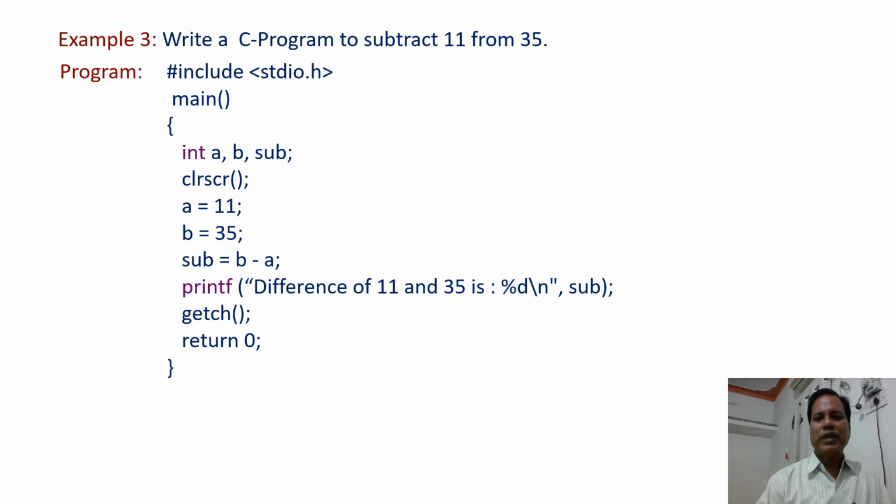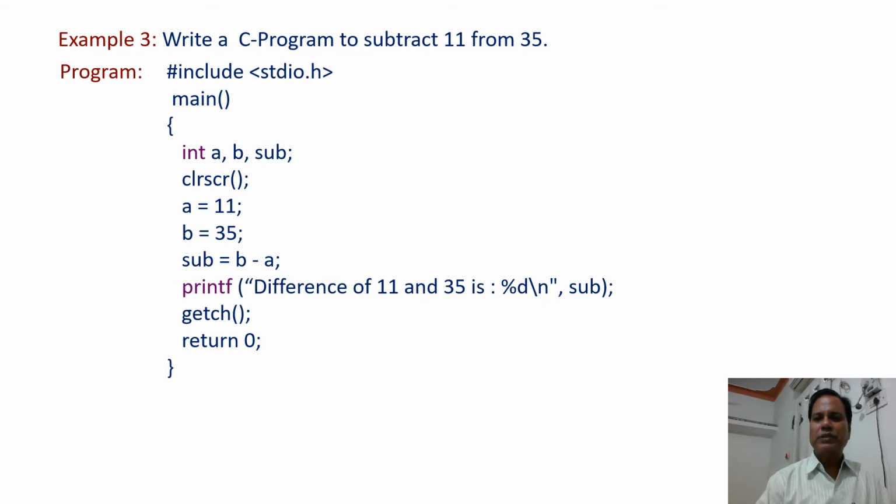So this statement b minus a gives the difference of 35 and 11, and that difference is assigned to the left side variable sub. And then using the next statement printf, difference of 11 and 35 is %d, and then slash n.